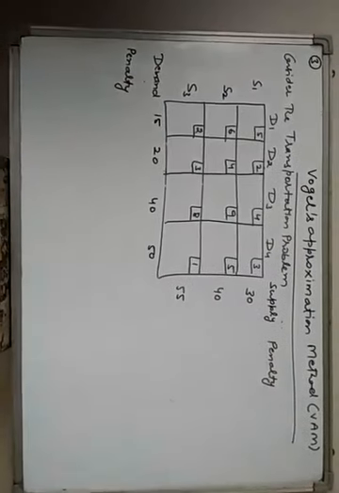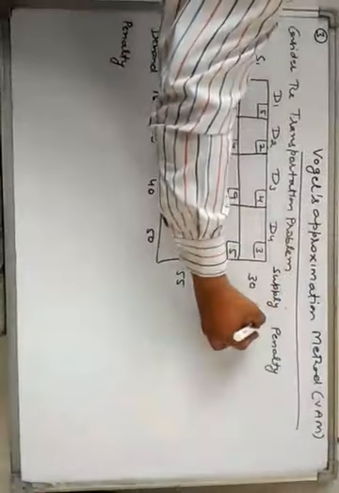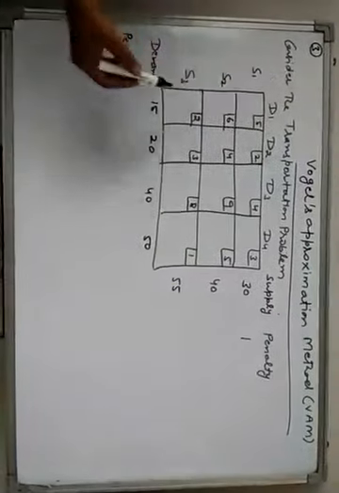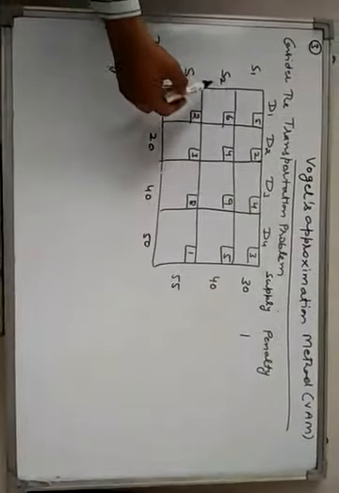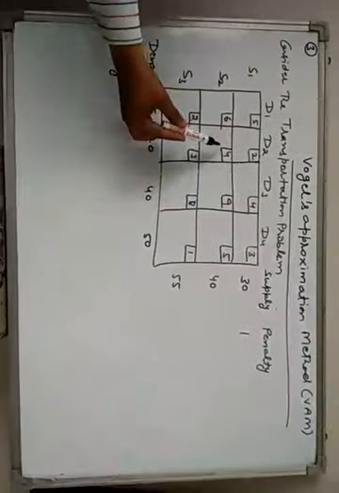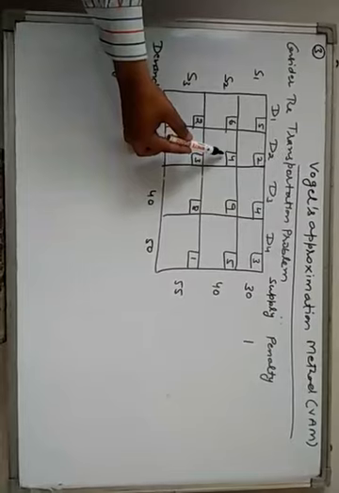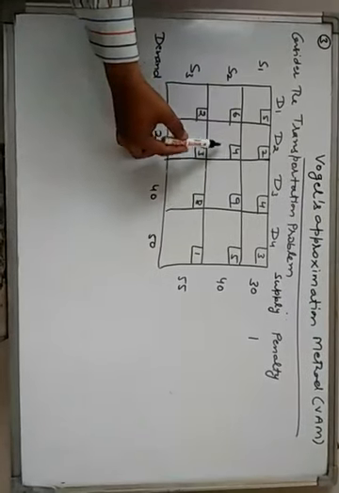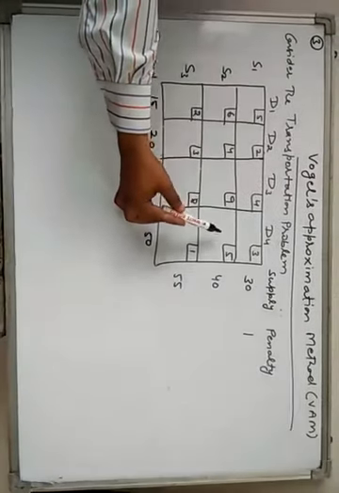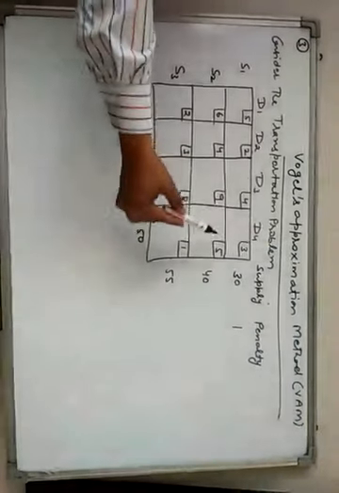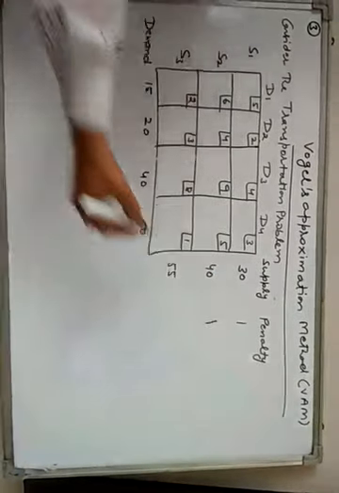Therefore, penalty for this row is 1. In a similar manner, we will take the second row. The smallest entry is 4, and we subtract this from the next higher entry, that is, subtract 4 from 5. Again we get penalty 1.